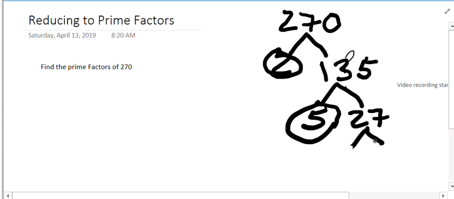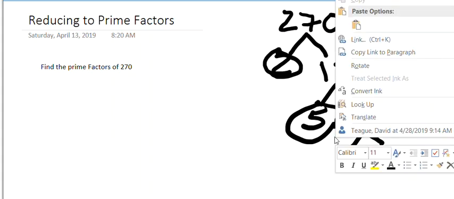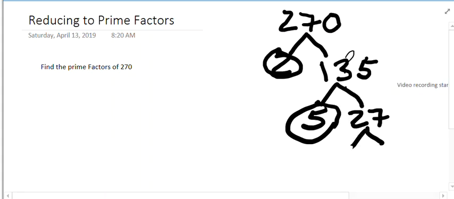And when we add 2 and 7 together, it comes to 9. And we know by the divisibility rules that we can divide this by 3. So we're going to figure out that this is 3 times 9.